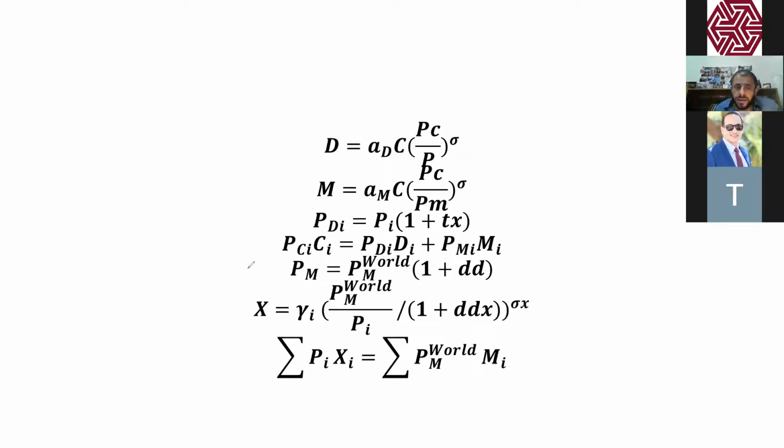The other thing is the demand for exports. The demand for exports, again, we have here an elasticity of substitution for exports, or an elasticity of transformation. We have a scale parameter here, and then if we impose any kind of export taxes or export subsidies, it depends, because subsidies are negative taxes, we add them also to this export demand function.